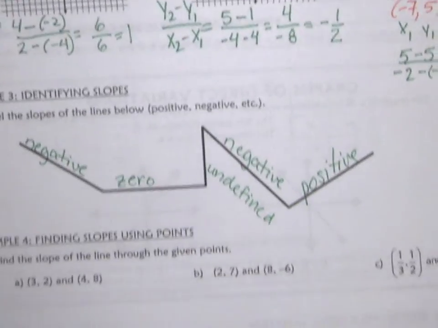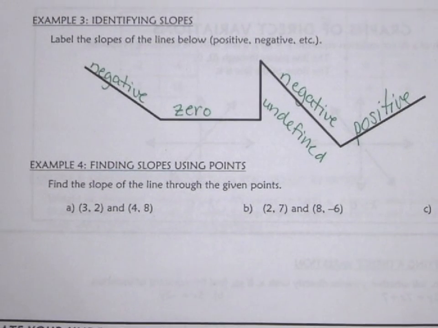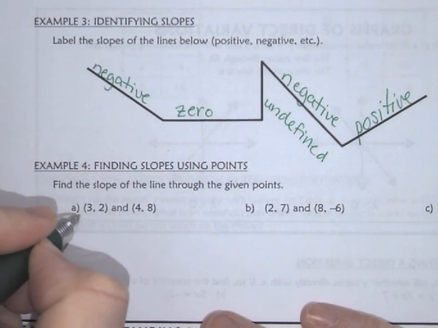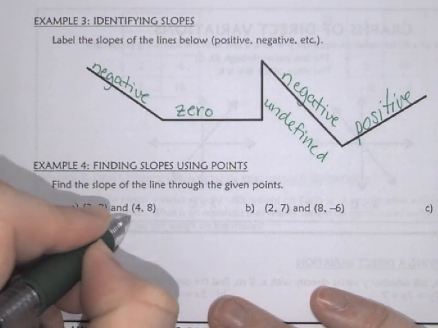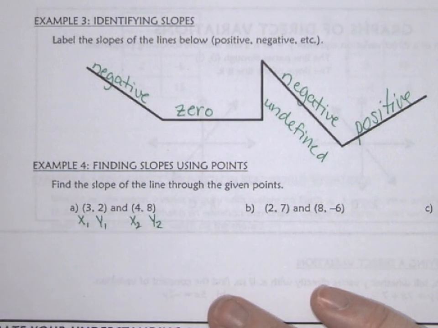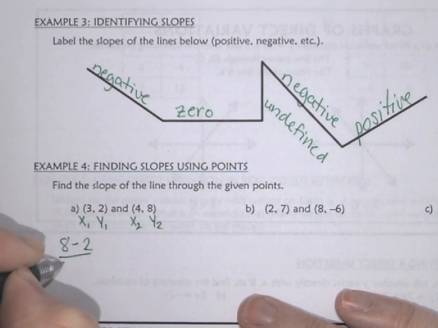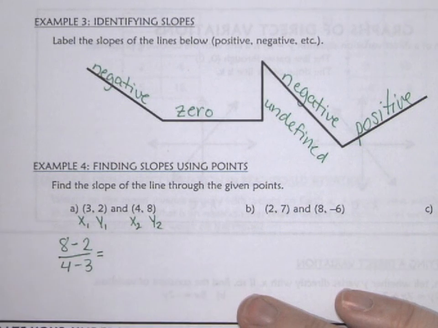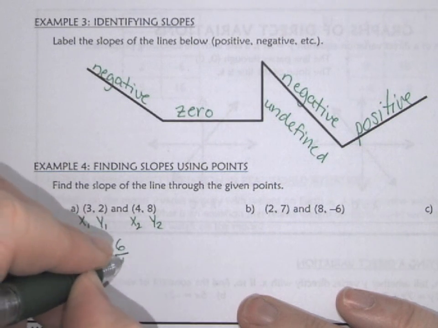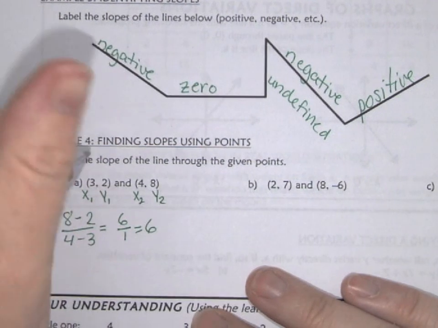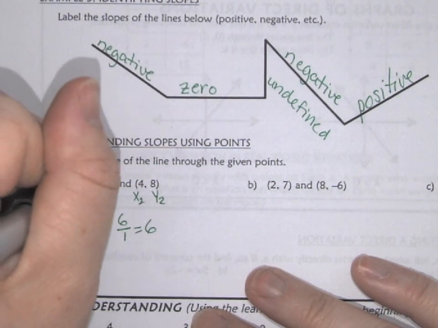All right, and then down here, it's more practice with finding the slope given points. So go ahead and label them x1, y1, x2, y2, and write out your fractions. So 8 minus 2 over 4 minus 3 will give us 6 over 1, or 6. And I'll even show you with this one, if I do it the other way.